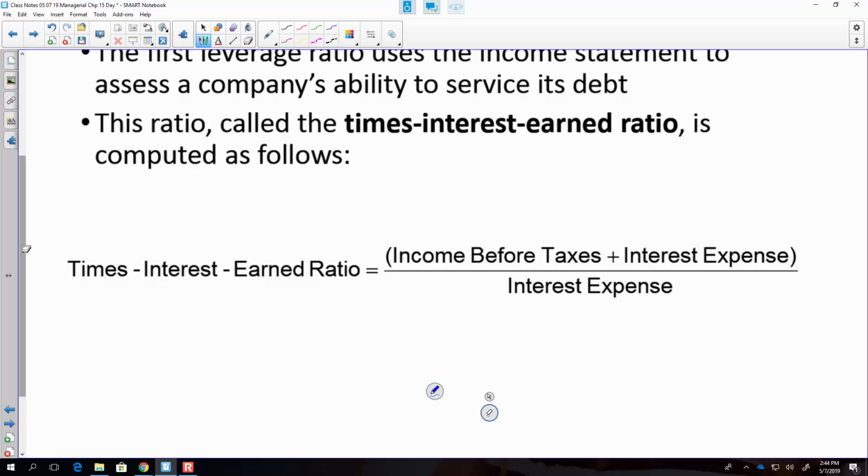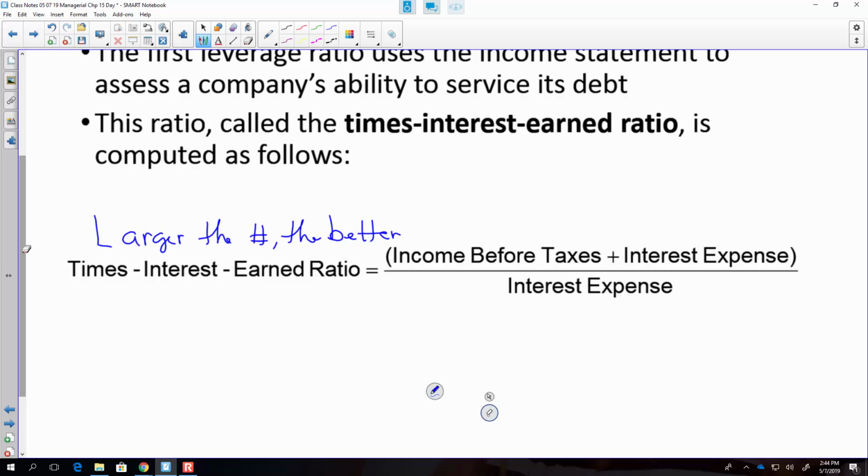It's an unusual ratio. They're looking at income before taxes plus the interest expense divided by the interest expense. So like my notes say, the larger the number, the better. I have a better ability to take on more debt if I need to.